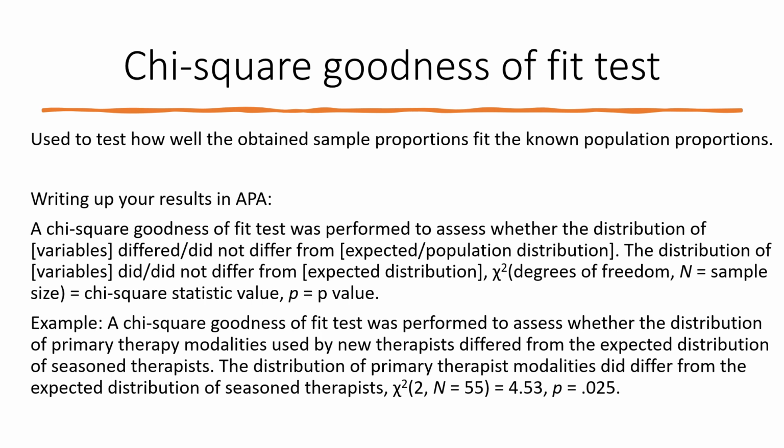Lastly, we're going to talk about the chi-square tests. Specifically, we're going to talk about the goodness of fit test here, which is used to test how well the obtained sample proportions fit the known population proportions.